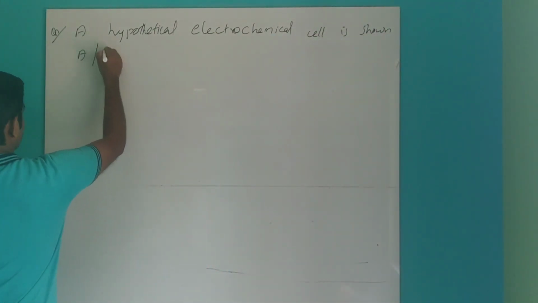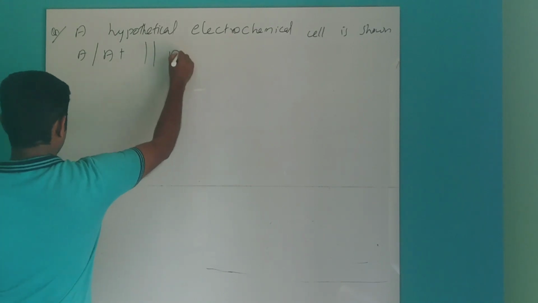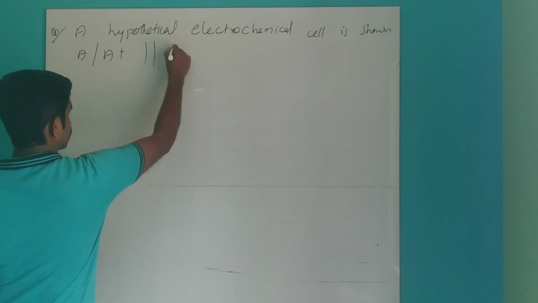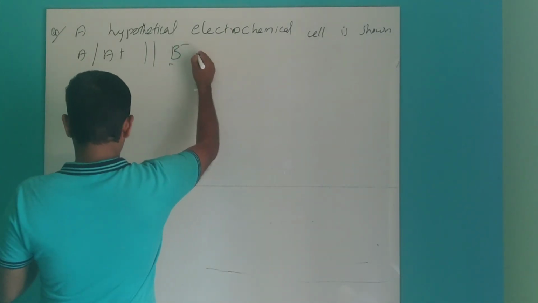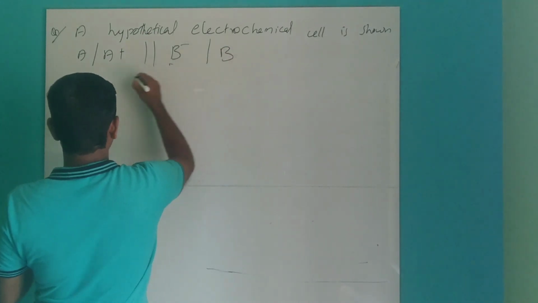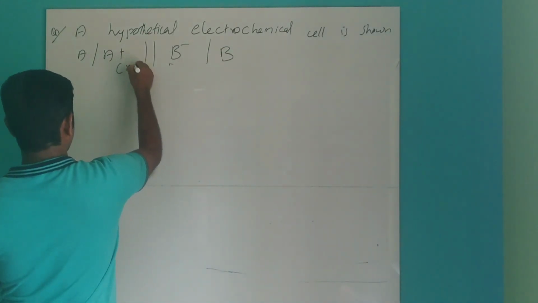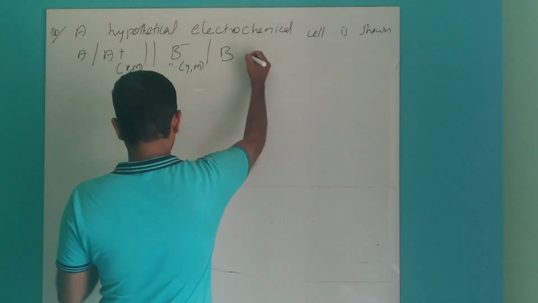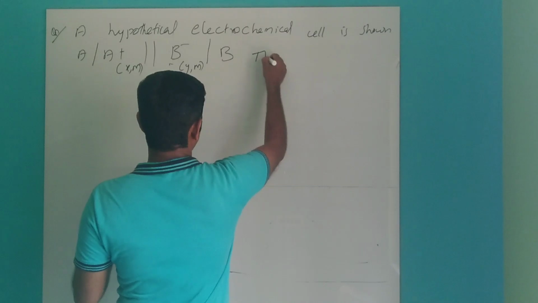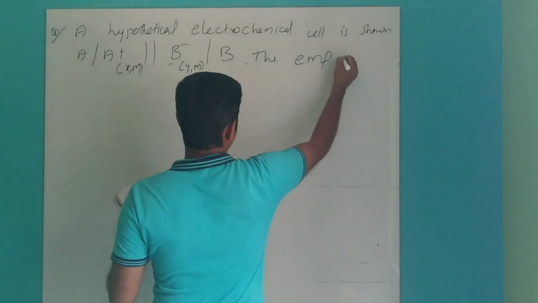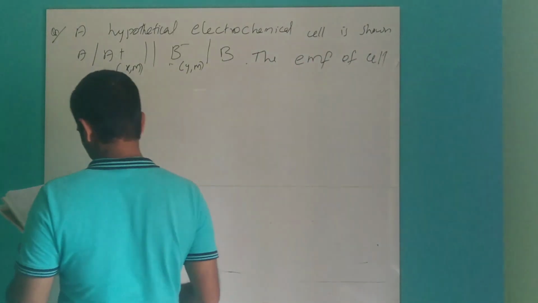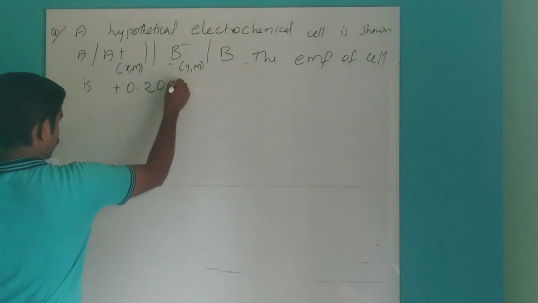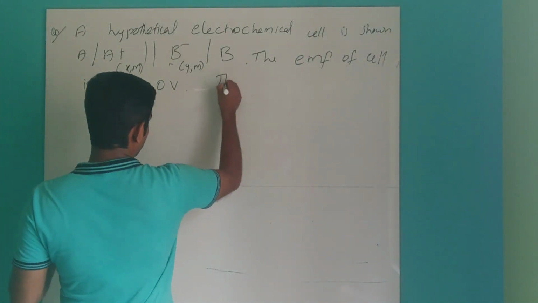A | A+ || B− | B, with concentrations X M and Y M. The EMF of the cell is plus 0.20 volt.